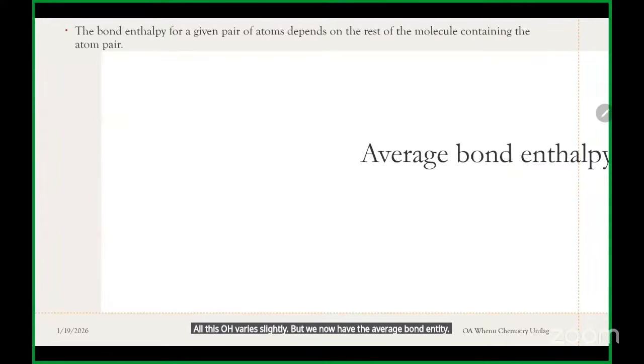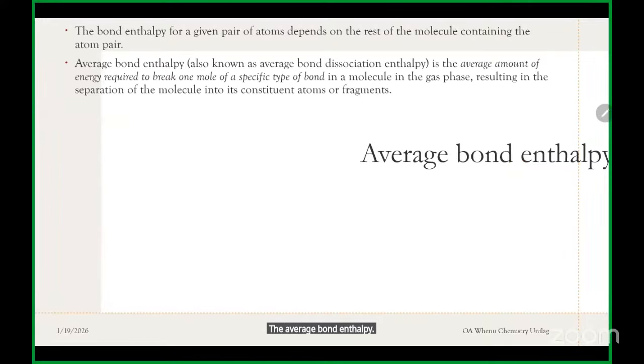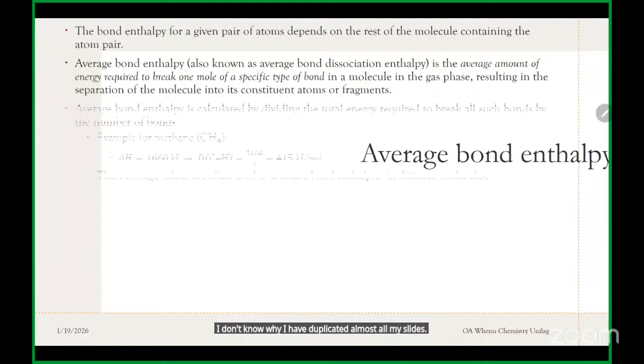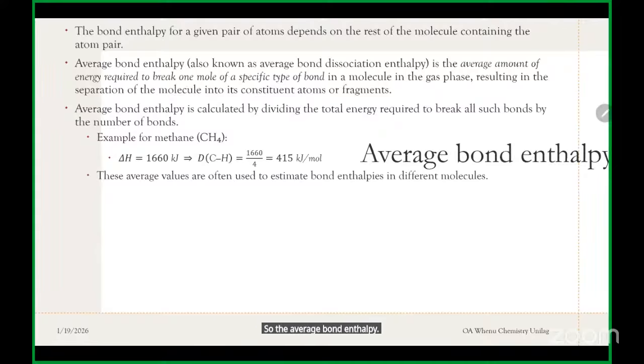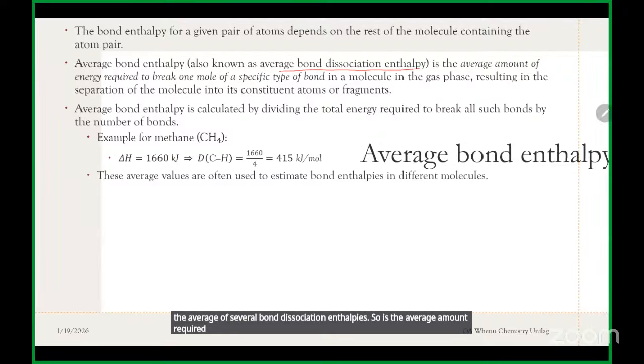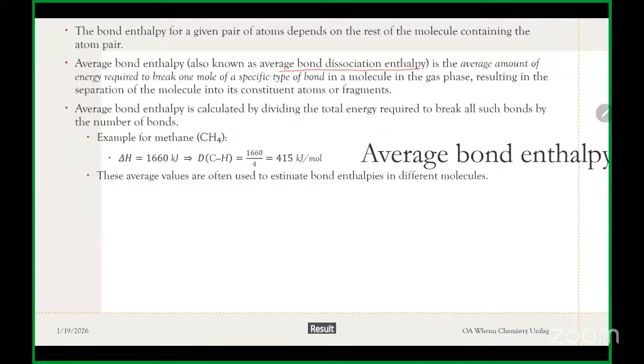The average bond enthalpy is the average of several bond dissociation enthalpies. So it's the average amount required to break 1 mole of a specific bond in a molecule, resulting in the separation.